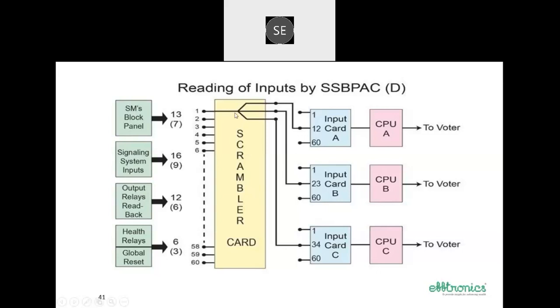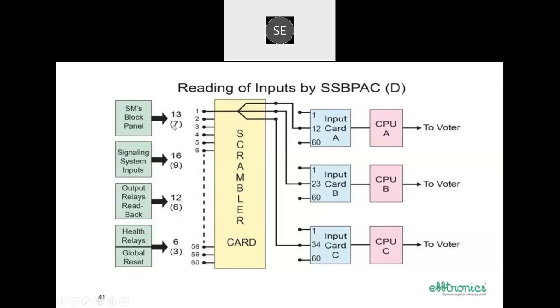Both front and back contacts of all block panel buttons and keys are given as input, and both front and back contacts of the signaling system are given as inputs, and output relays readback is also given as input, and health relays and global reset contacts are also wired as inputs. A total of 47 inputs are wired to the block instrument.